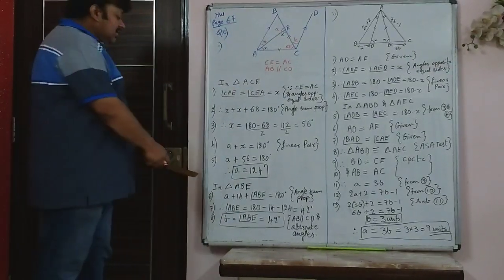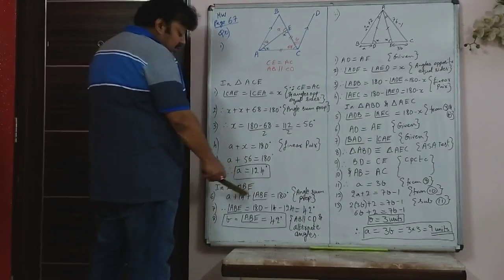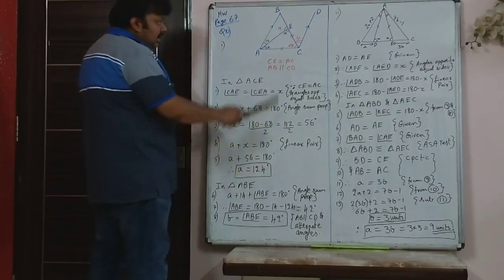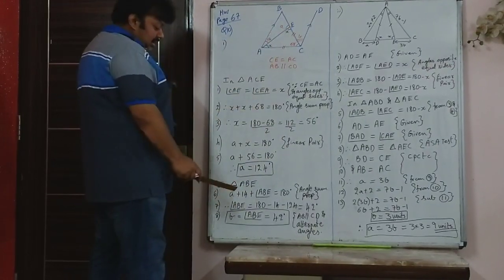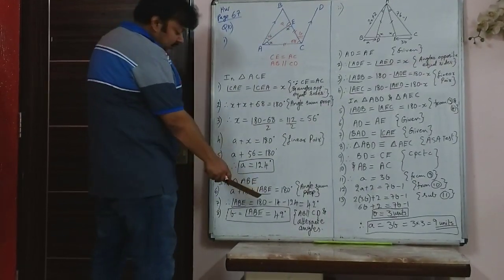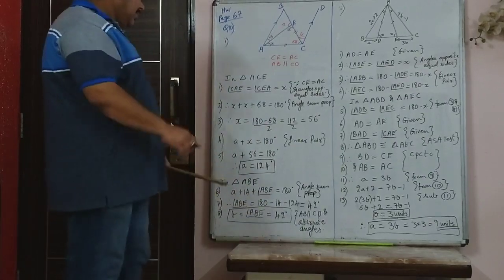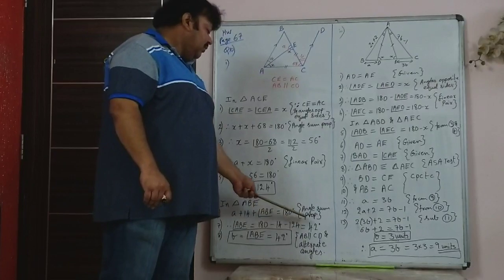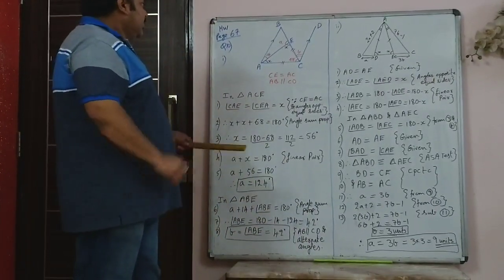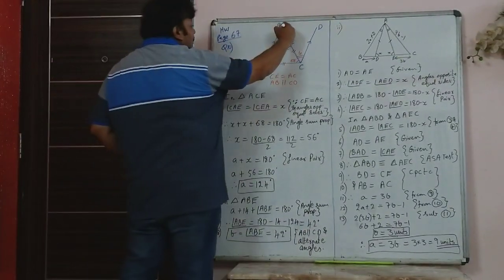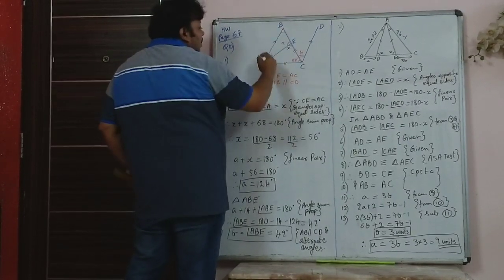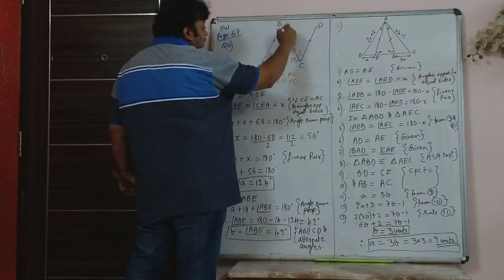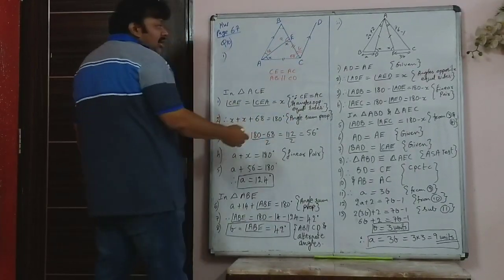By angle sum property, the three angles will add up to 180. So you will get angle ABE as 180 minus 14 minus 124, that is 42 degrees. Now angle ABE and angle B, that is BCD, are alternate angles.